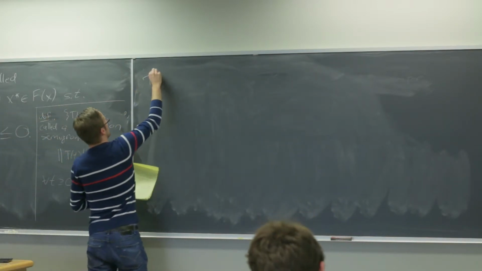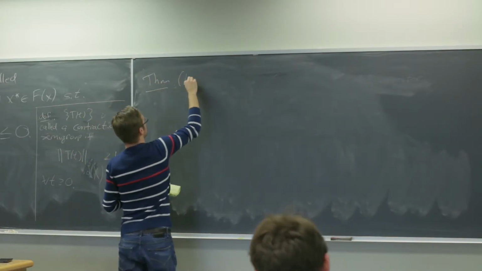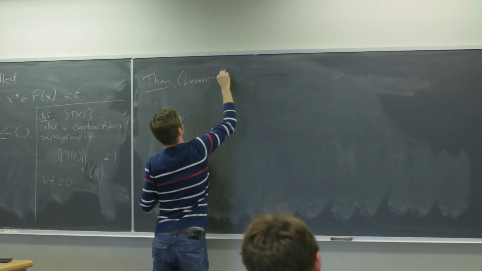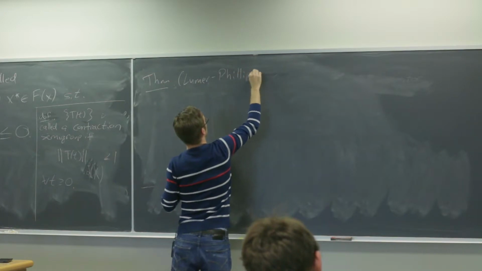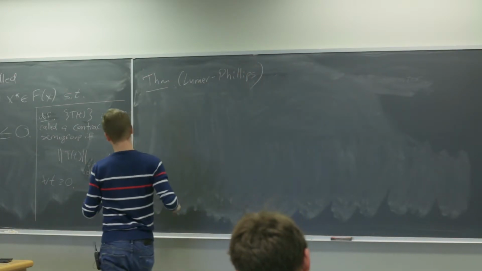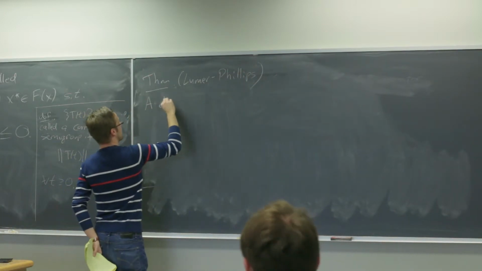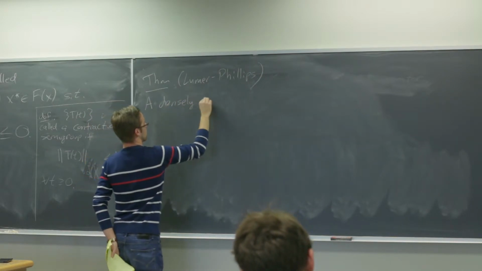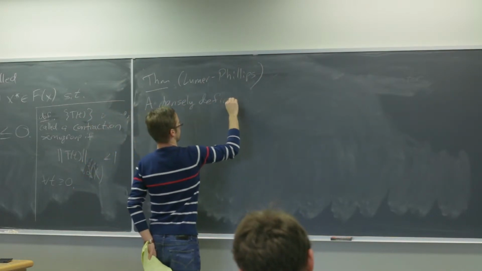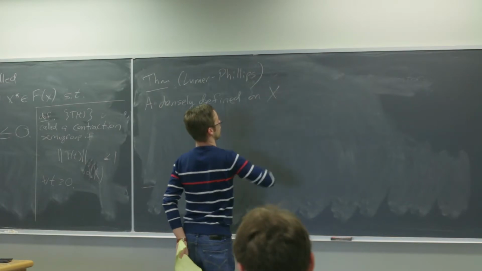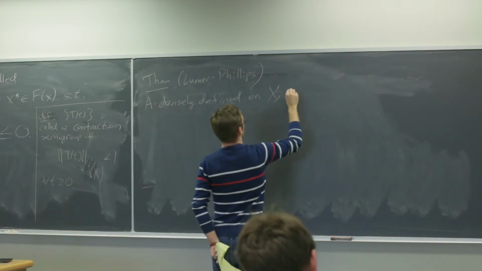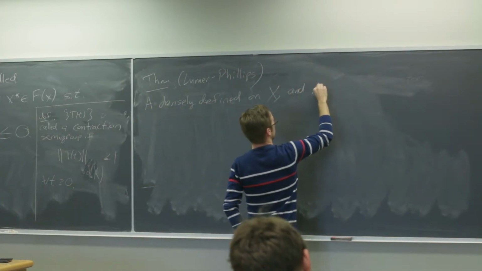So let me state the major hammer. This is called the Lumer-Phillips theorem. Maybe I can prove this another time. It says the following. You have a densely defined operator A on a Hilbert, Banach space, whatever you want, that is also dissipative.